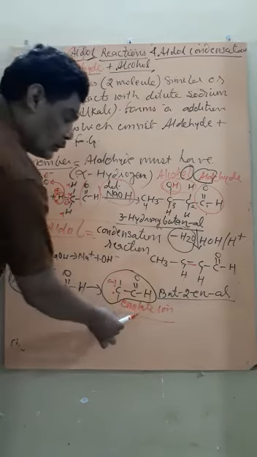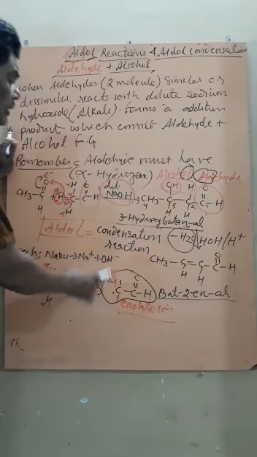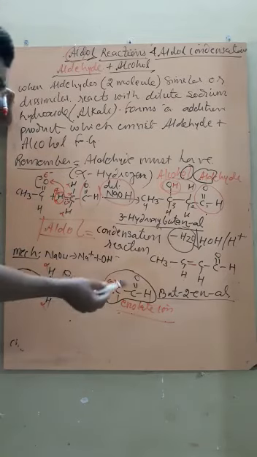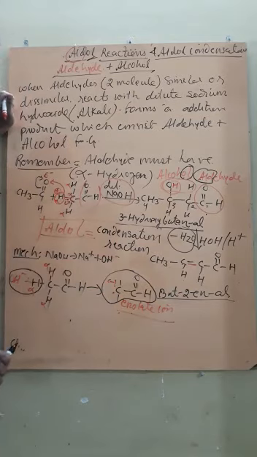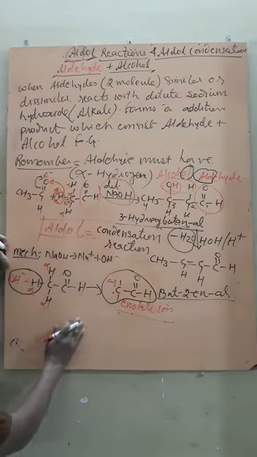So only compounds that can form enolate ion give such reaction. Therefore, formaldehyde does not give this reaction. And in the mechanism, now it will become a nucleophile, and the first molecule will become an electrophile.